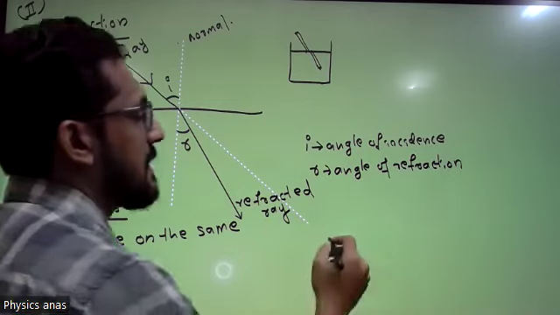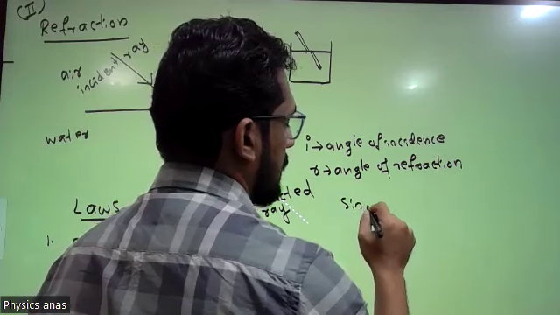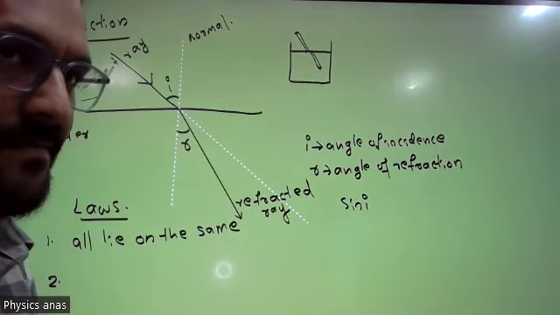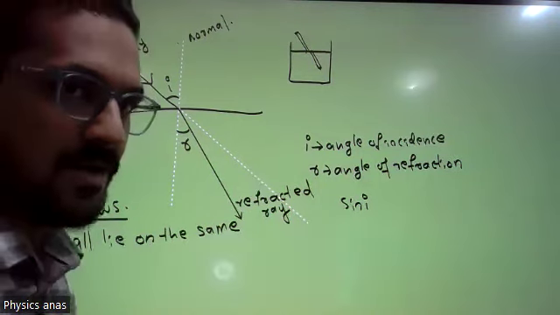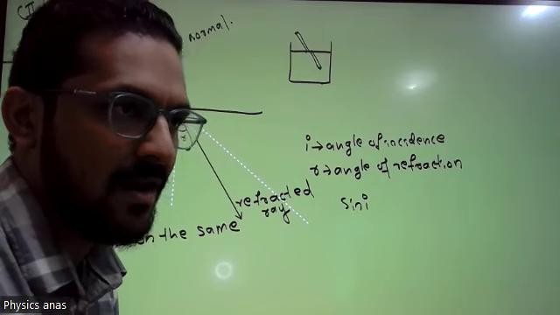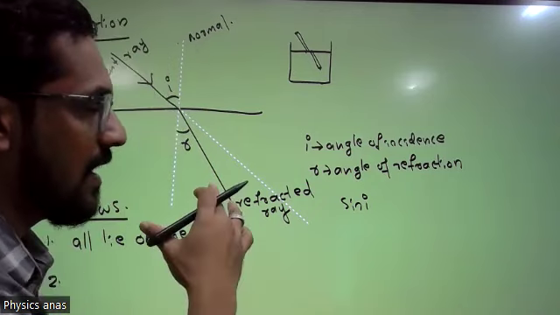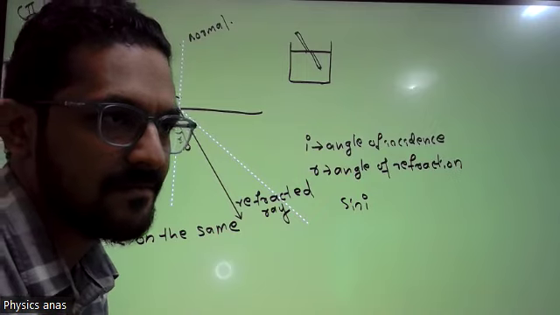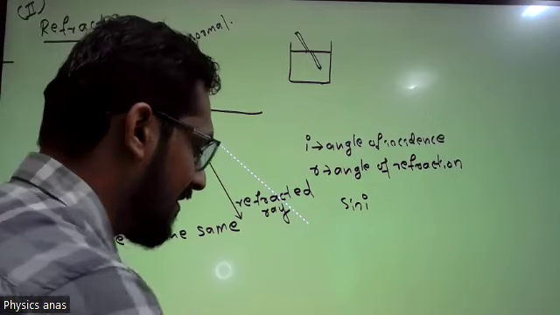And what about sine I? There is an identity called sine, and another one called cos. There is also another one, tan. Have you studied sine, cos, tan? No? Then I will give you that idea.